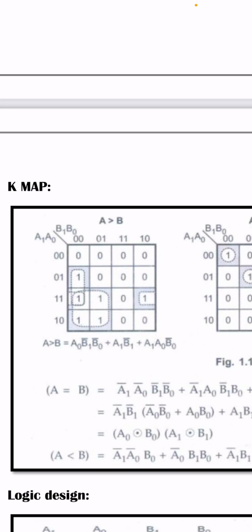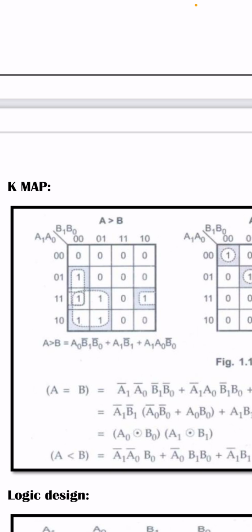In decimal numbers, that is 0, 1, 3 and 2.